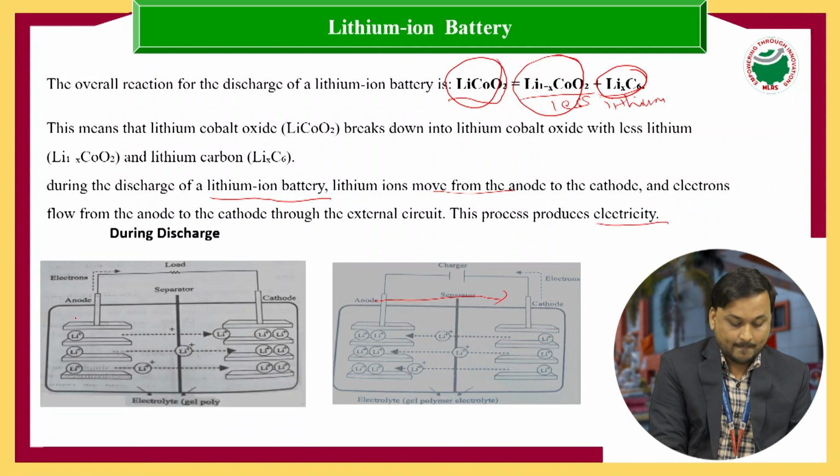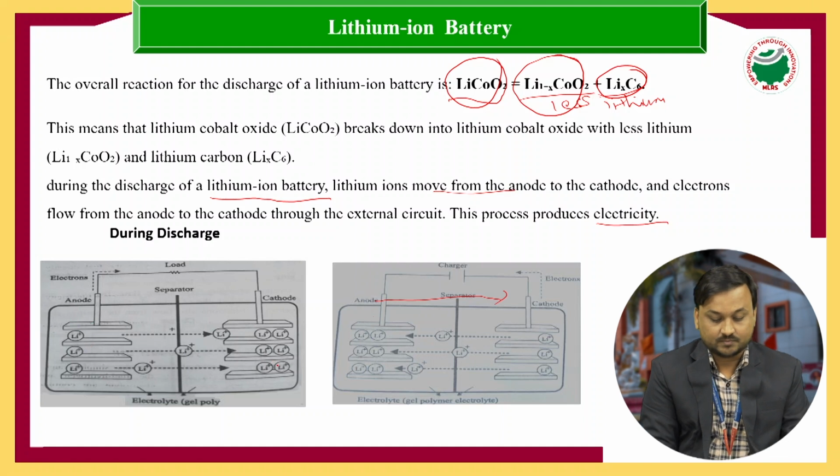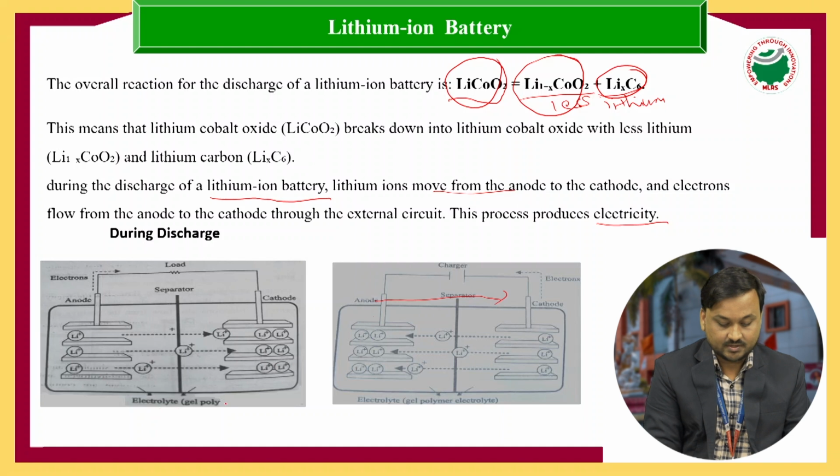Look here: the electrons flow from the anode to the cathode, with the help of the electrolyte, which is made of gel polymer. This is the separator, this is the anode part, and this is the cathode part.